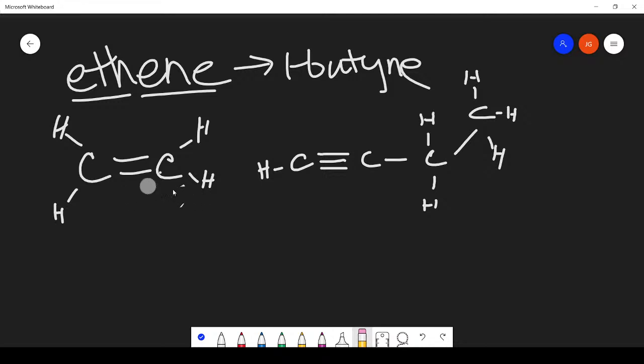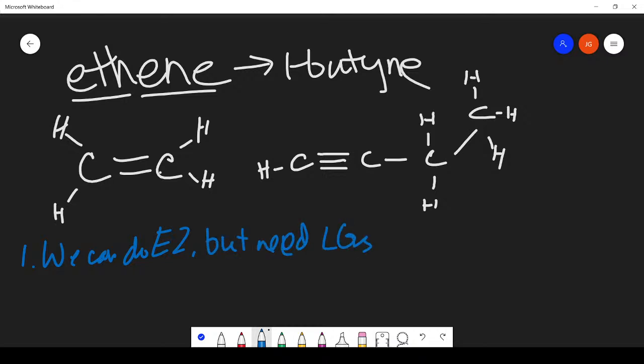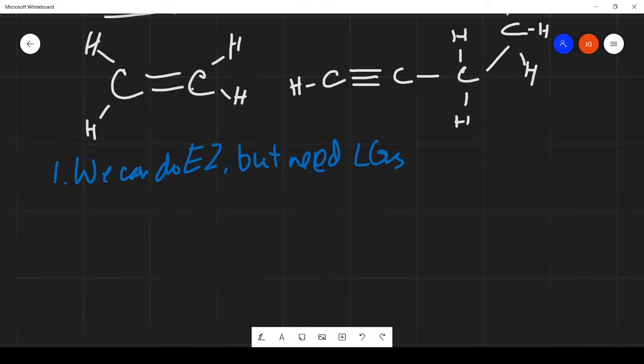Okay, let's write out our plan of attack over here, let's do it in blue. First thing here is we can do E2, but we need leaving groups, right? And hydrogen is not a good leaving group. We want something that's good by itself. So the first thing that comes to mind is a halogen. So let's just do bromine.